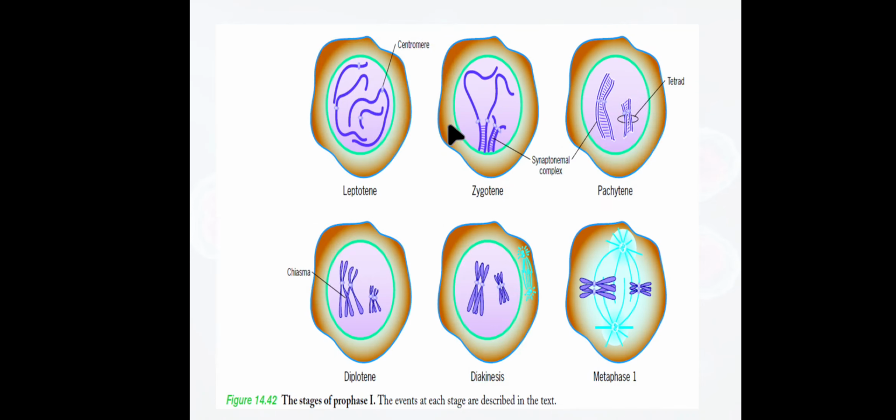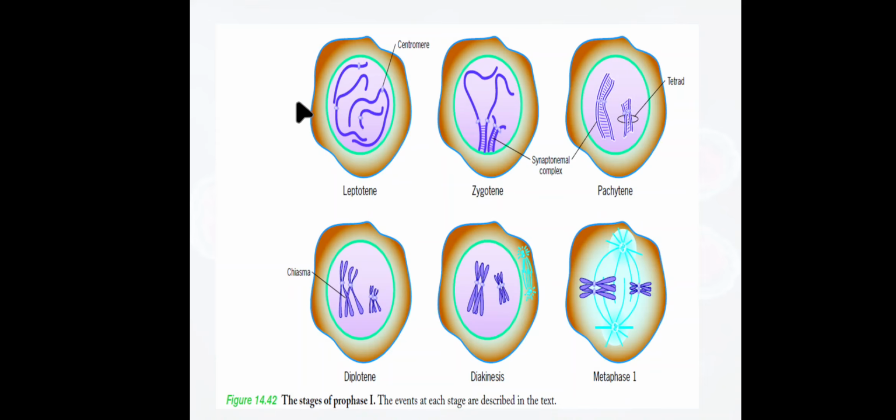See here the stages, which give the summary or outlook of the overall prophase I. Here in leptotene, the centromere is prominent and the tips of the chromosomal ends are attached to the inner nuclear envelope, forming a bouquet. Therefore the leptotene stage is known as the bouquet stage.